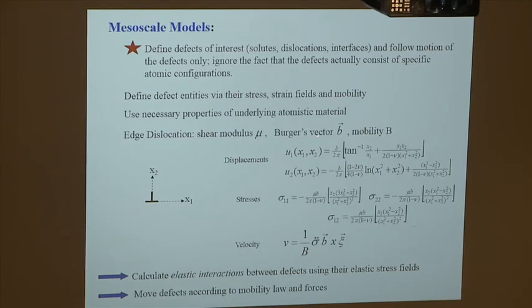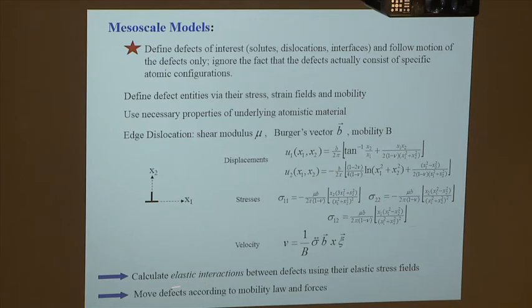And that mobility coefficient is something else I measure in, say, molecular dynamics. But once I've got this quantity and that quantity and this quantity, I throw away the atoms and I deal with this defect as a point defect that moves through space in response to the stress field that's acting on the defect. And this defect itself will generate stresses that act on other defects.